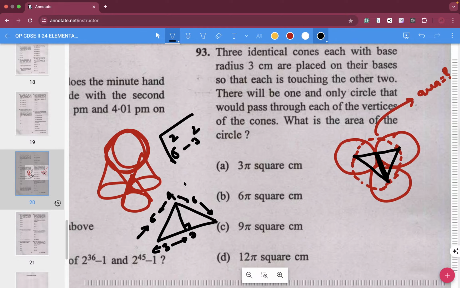This particular height is 36 minus 9, root 27, which is 3 root 3. Let me call this point O and this point D. So OD value is 3 root 3.